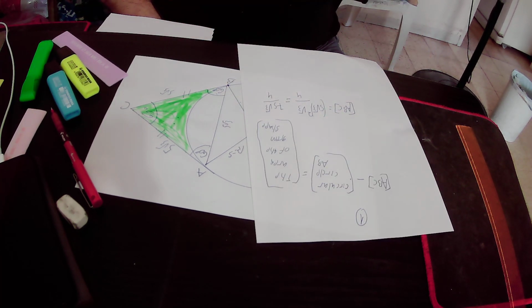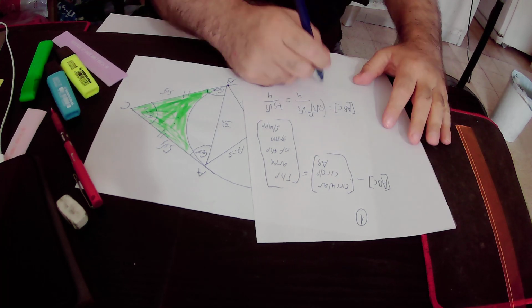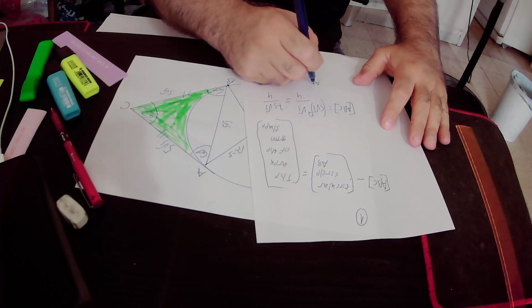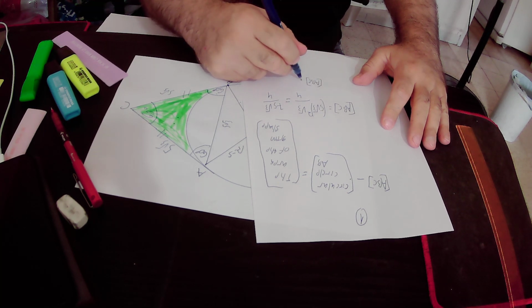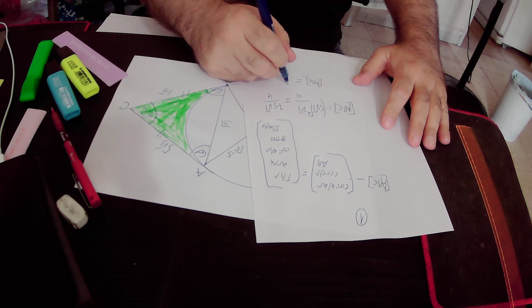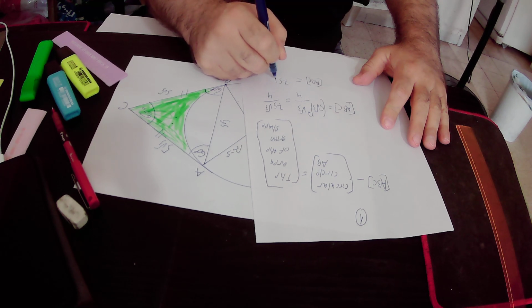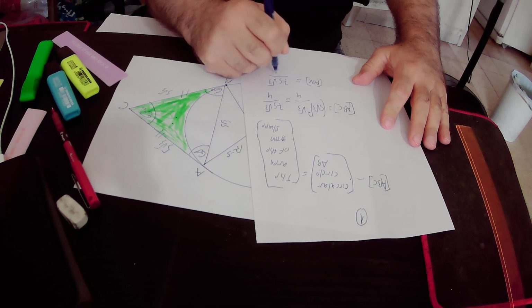Okay? Again, the area of triangle ABC equals 75 times root 3 over 4.